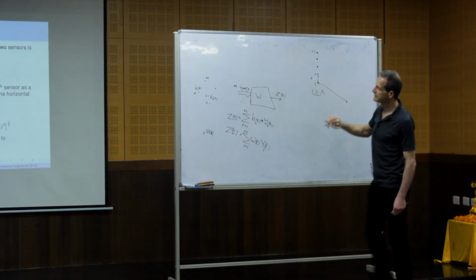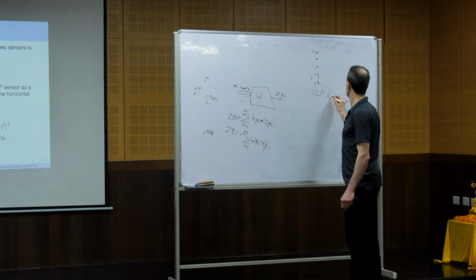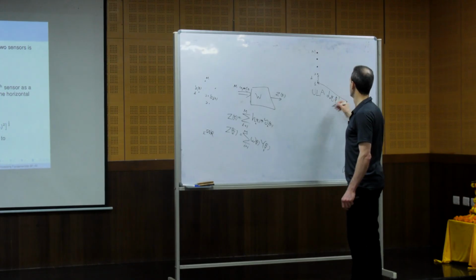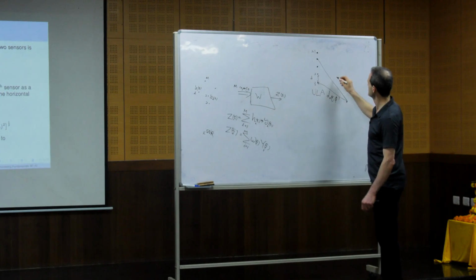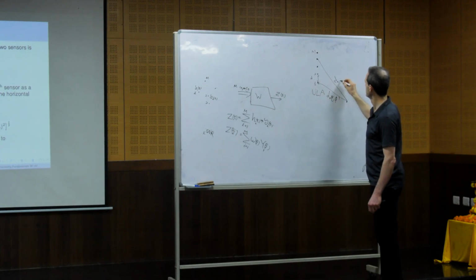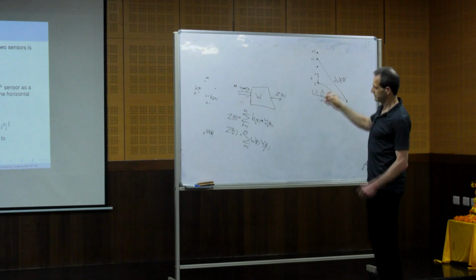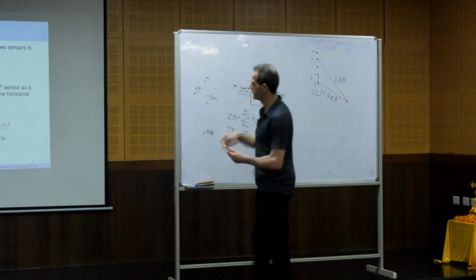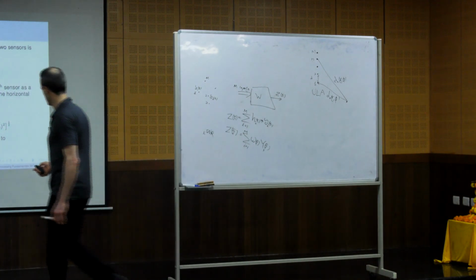So we call this distance D0(r, phi), and we take this distance, we call it dn(r, phi). This is the n-th sensor. So the difference between the distances will be like this: dn minus d0.